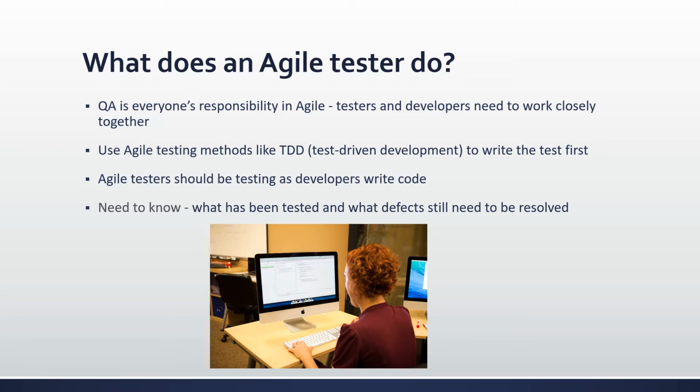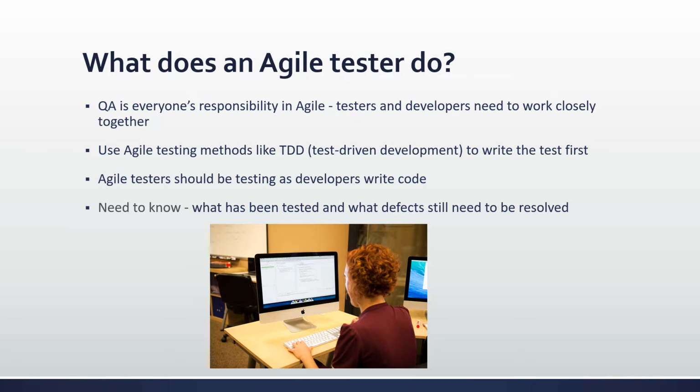Then they write the code that will be verified by the test. And developers and Agile testers should collaborate before user stories or requirements are set. Once development and testing are underway, communication remains important. Agile testers should be testing as developers write code.